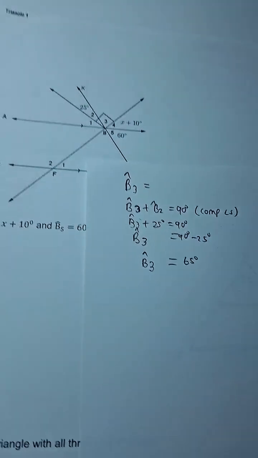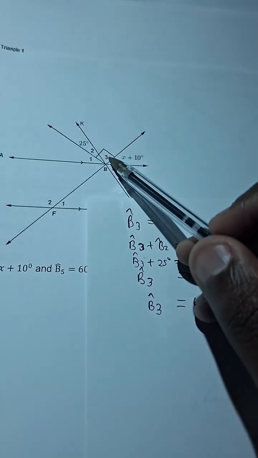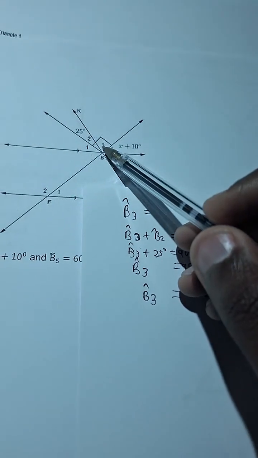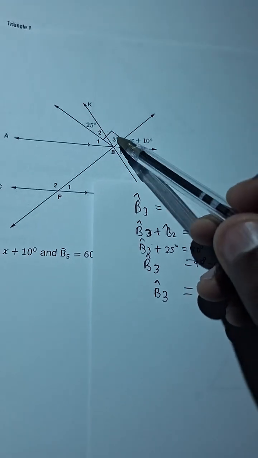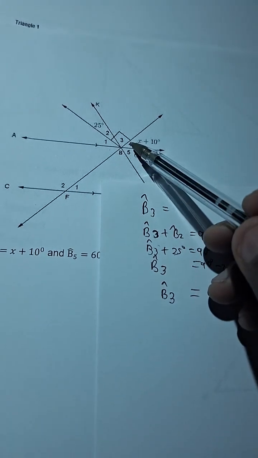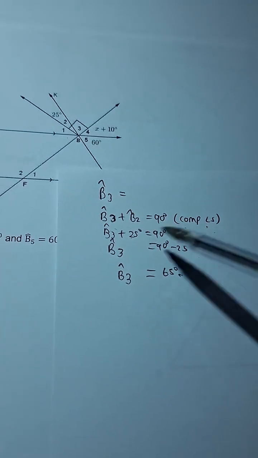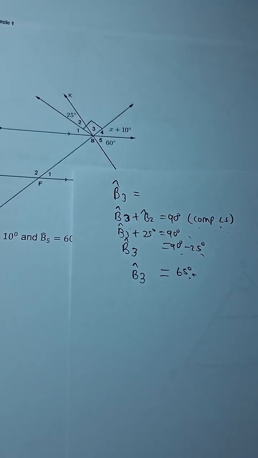That's angle B3. B3 is 65. Why? We used complementary angles because of the box, which means 90 degrees. So angle B2 plus B3 is 90, complementary angles, we transpose the 25. 90 minus 25 gives us 65 degrees.